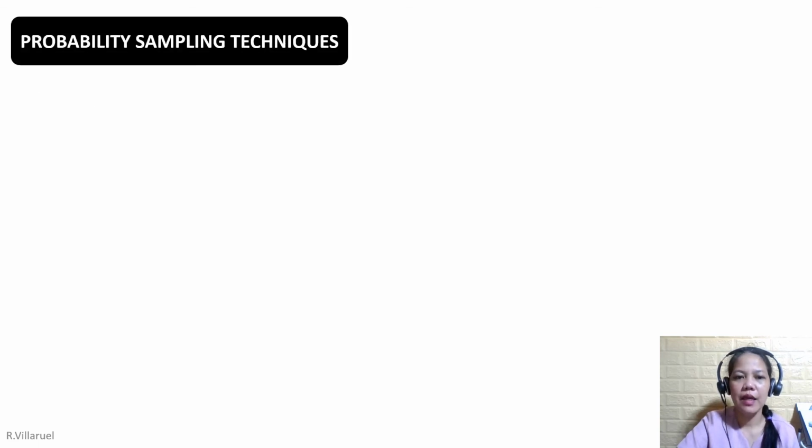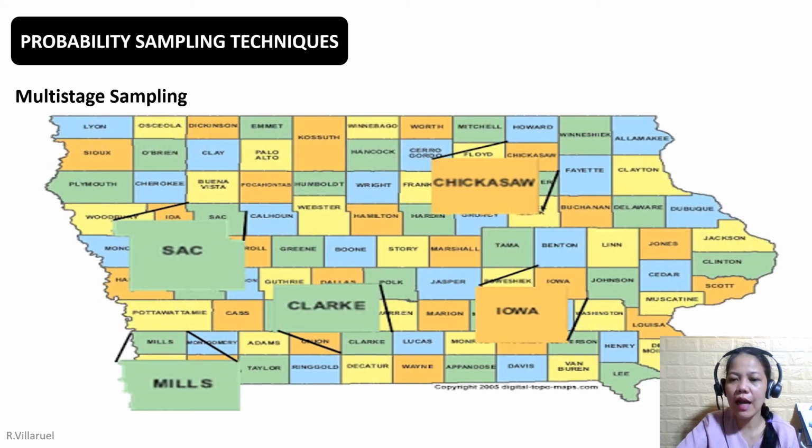The last type of probability sampling techniques is the multi-stage sampling. It is used when the population is too large, scattered, and impractical to make a list of the whole population from which to draw a simple random sampling. Samples are drawn by using combinations of different sampling methods. So, dito sa example natin, mapa yan.